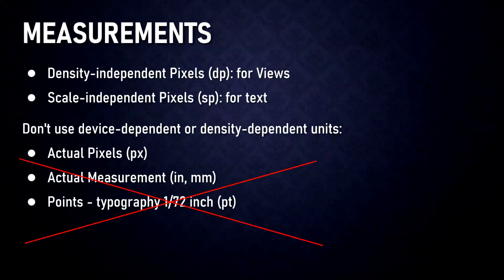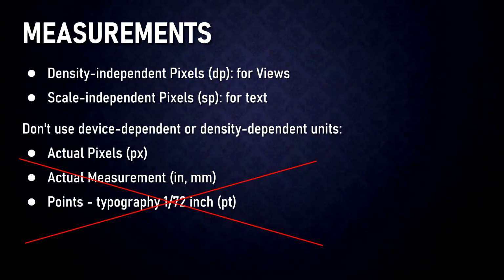So let's see the measurements. There are different kinds of measurements that you use in your layout file, so that you can specify maybe length, width, and height for your view or for your text.